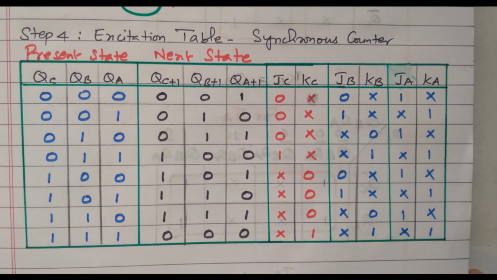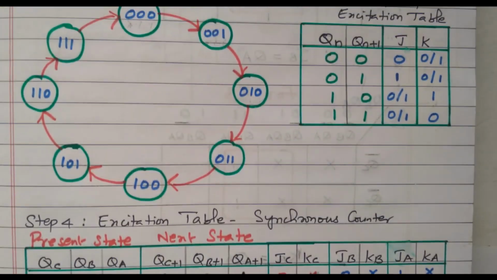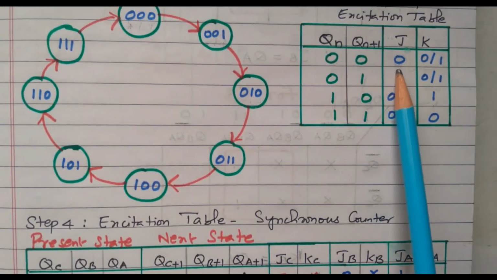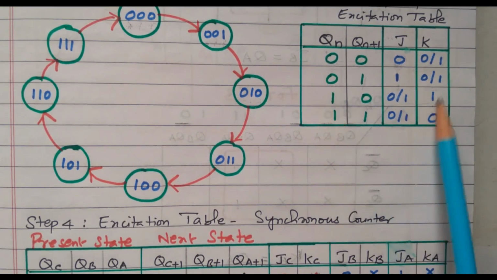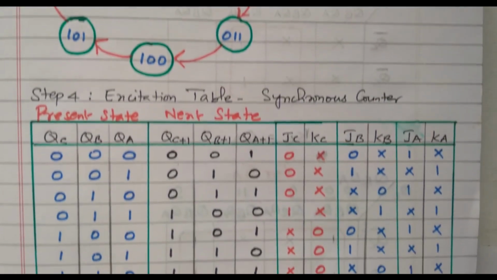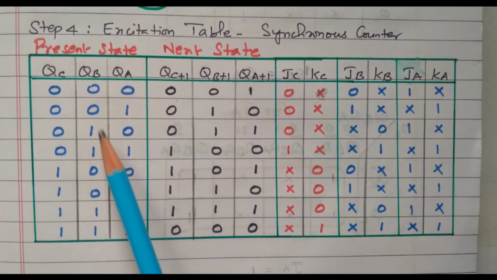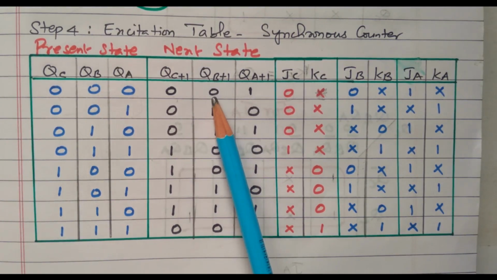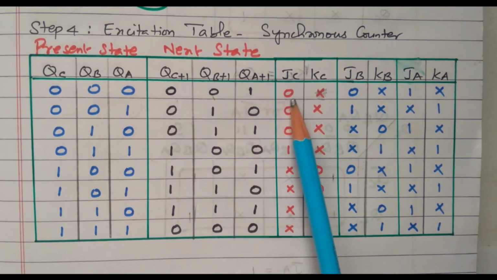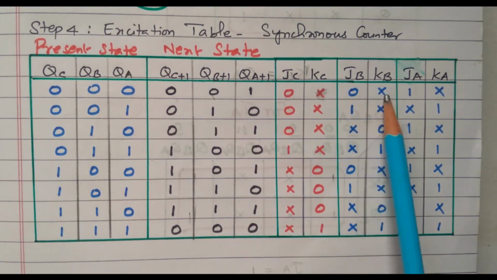Now we'll see the excitation table. Both are 0 means J is 0, K may be 0 or 1, right. So this table is now implemented in the excitation table of the synchronous counter. Then QB is 0, QB plus 1 is also 0, same thing, so here 0x, here also 0x, right.